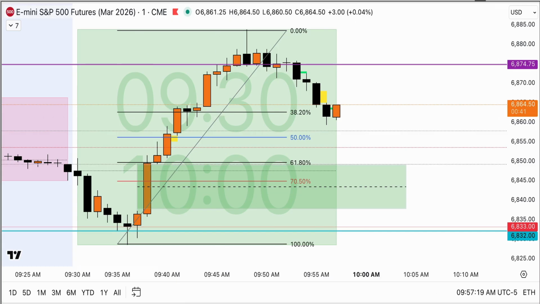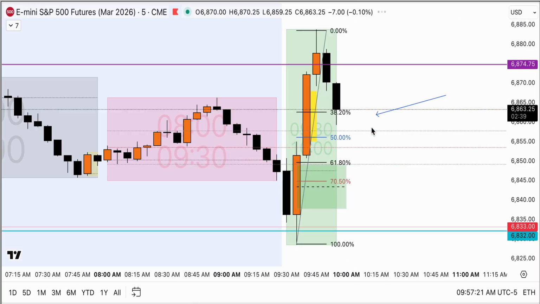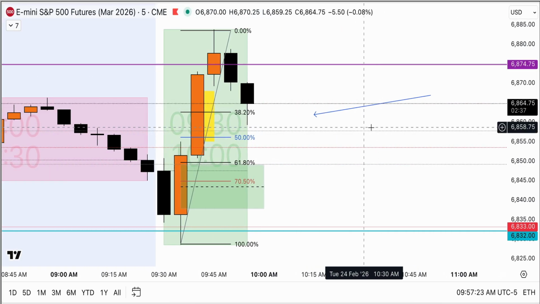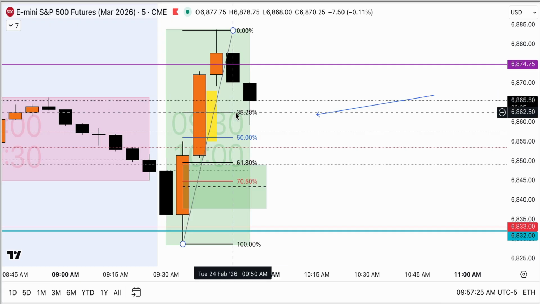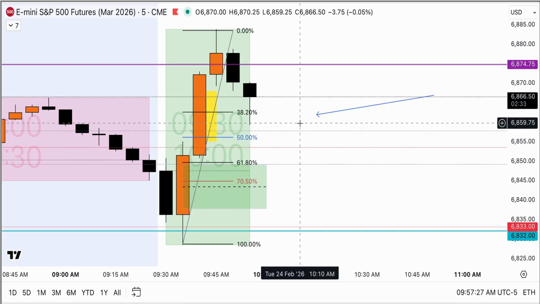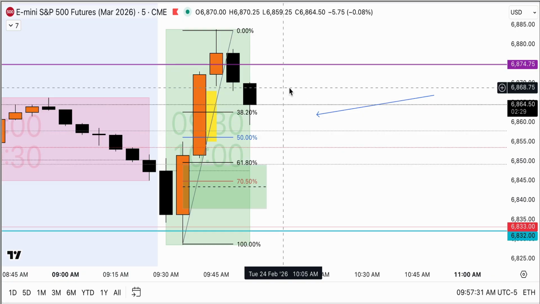And then if I go back to the 5 minutes, right, okay. So watching these levels, the 30 and the 50, and all I'm looking for is a very clean rejection. So I'm watching the 1 minute, the 5 minute, and the 15 minute. I'm watching them on separate screens, and I'm looking for a really clean rejection.